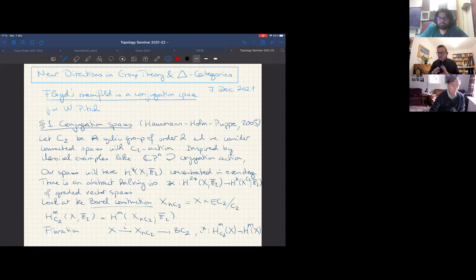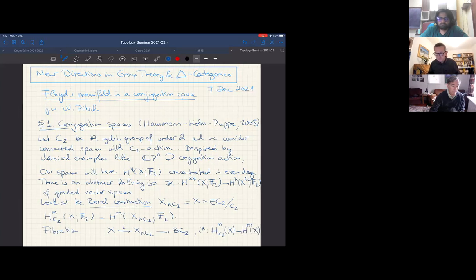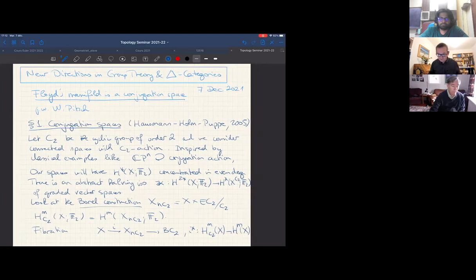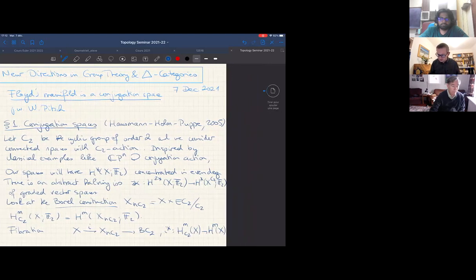Okay, so that's all we need to give the definition of a conjugation space. Now, if you don't mind, I will turn the page. Tell me if it's too quick.